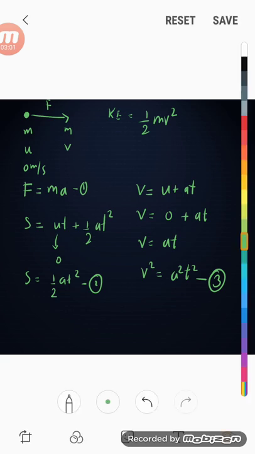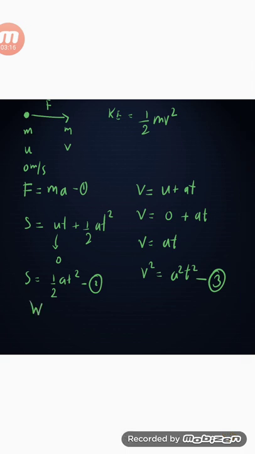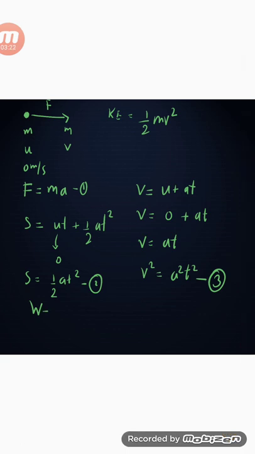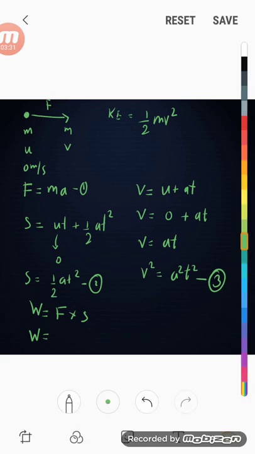So first we'll take F equals ma, second we'll take displacement s, and third we'll take v, right? So what is work done? Work done in moving that particular object from point A to point B will be the force applied on that object into displacement, right? So work done equals F into s.